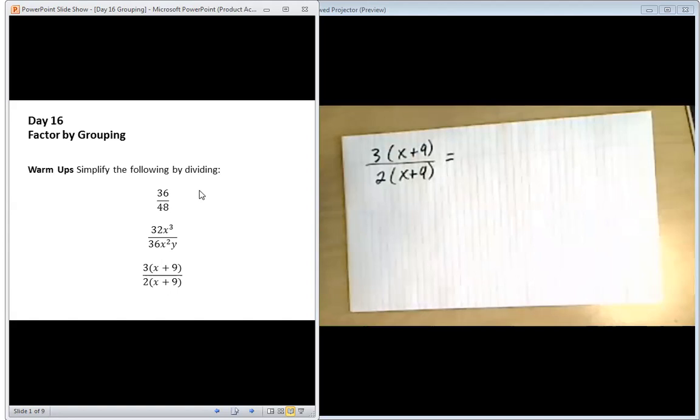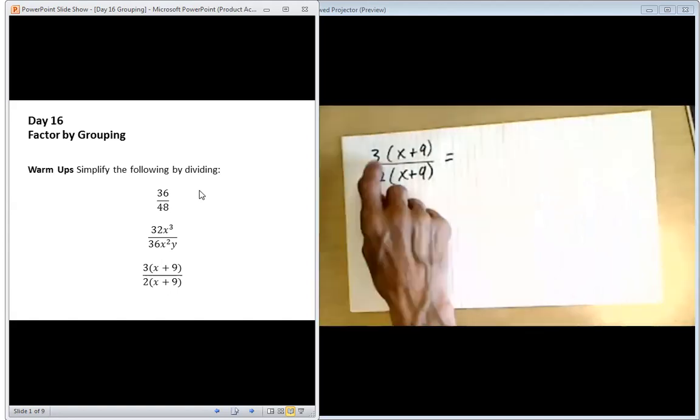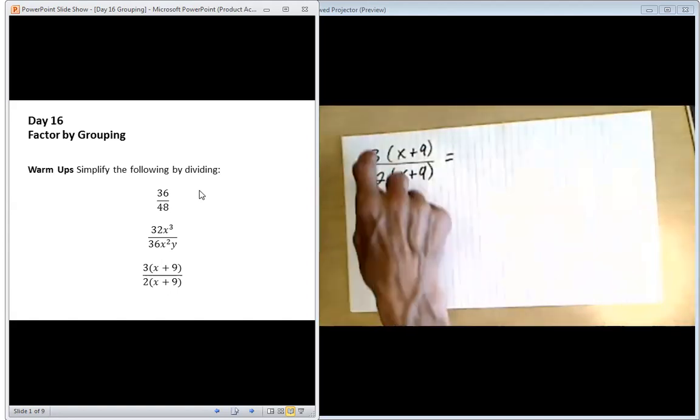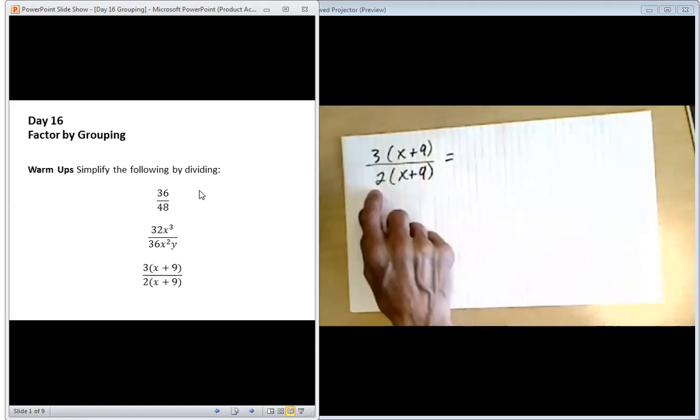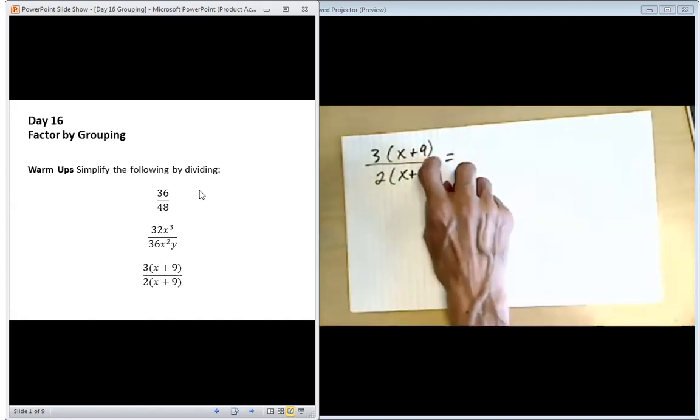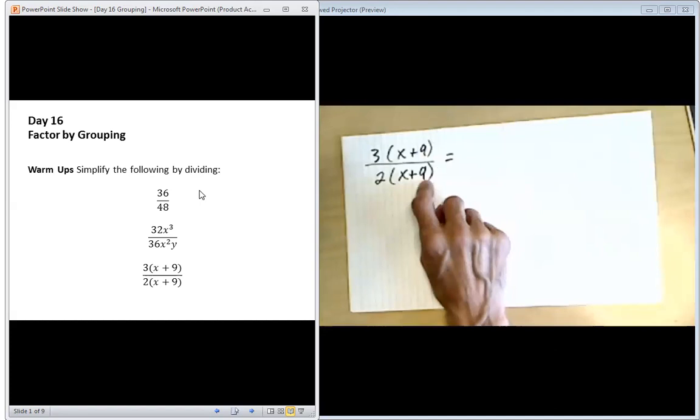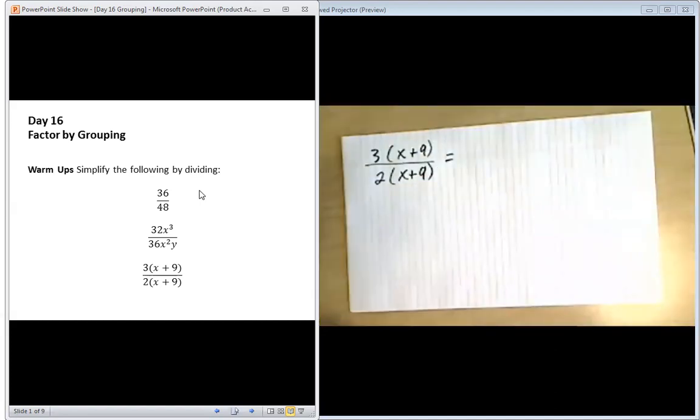All right, so the 3 and the 2, taking a look at it bit by bit, can anything happen there? No, they're different from one another, right? But look at this here. When you have the same thing on the top as on the bottom, just like we did with the other questions, this is why I put this one on.